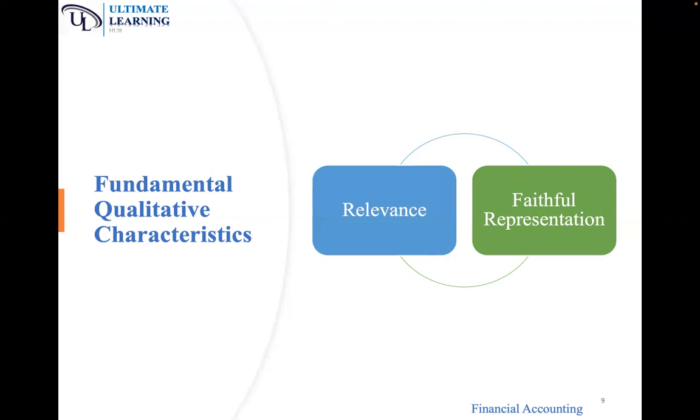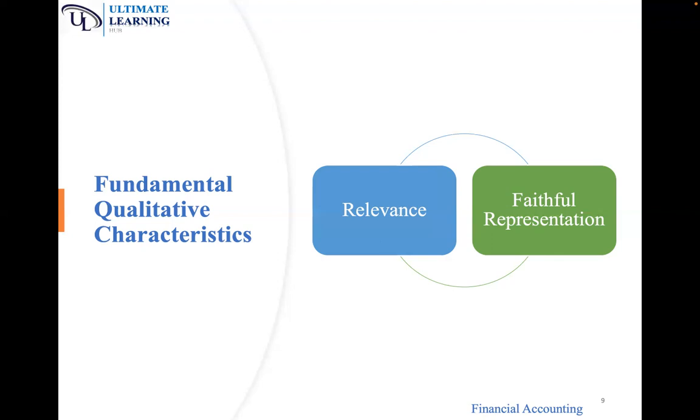Now, what is the definition of materiality? We normally say information is material if its omission or misstatement can influence economic decisions of the users.